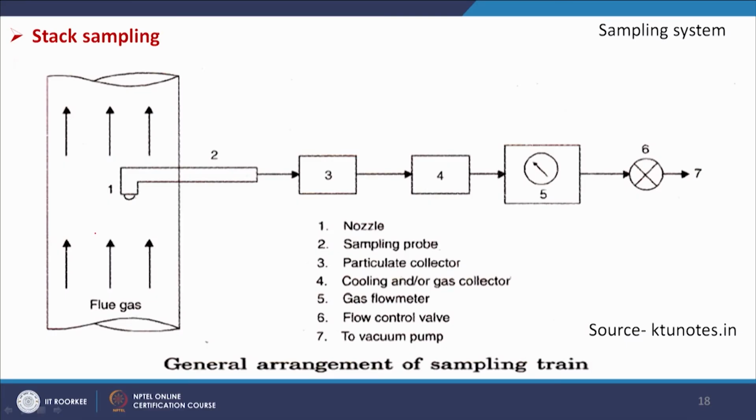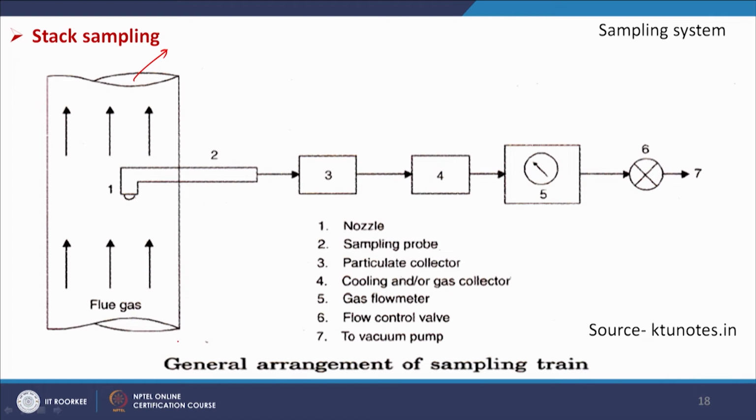Now, we are going to discuss the sampling systems related to stack samples. So, stack sampling. This is the diagram, and this is our stack. Flue gas is generated and it is going out. We want to get a sample from this stack, so how will we do it? These are the different parts.